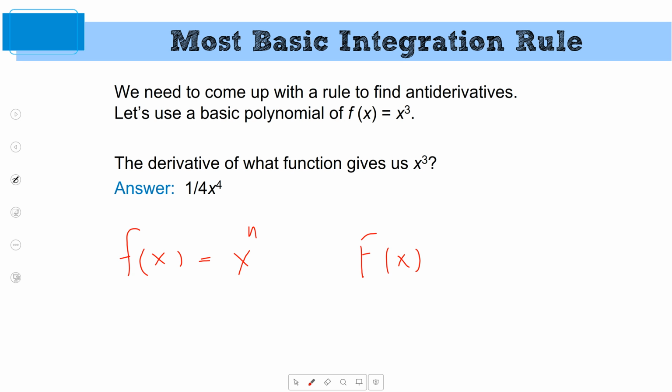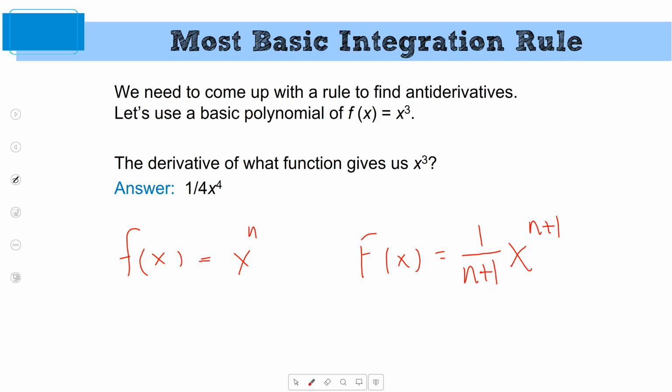What's the antiderivative of x to the n? 1 over n plus 1, times x raised to the n plus 1. Yeah, that's it. Are you sure? Yes. All right, just messing with you. Good. Okay.